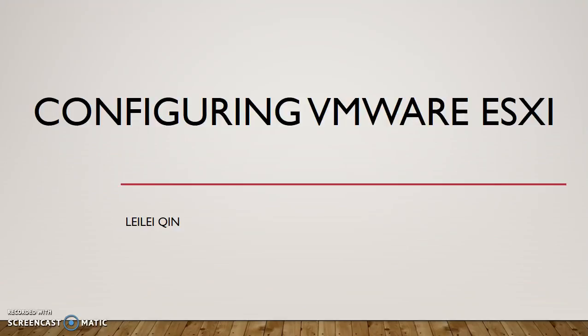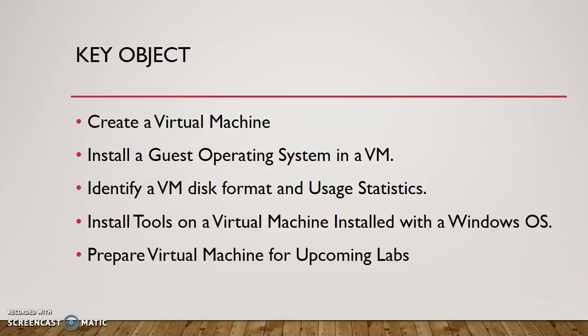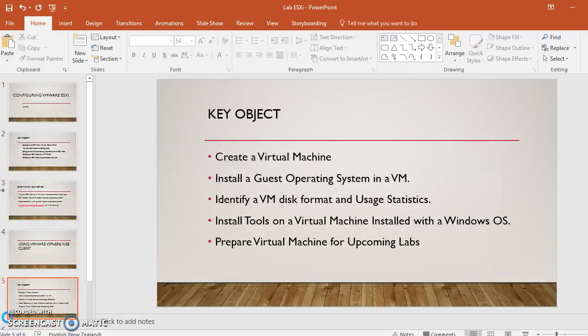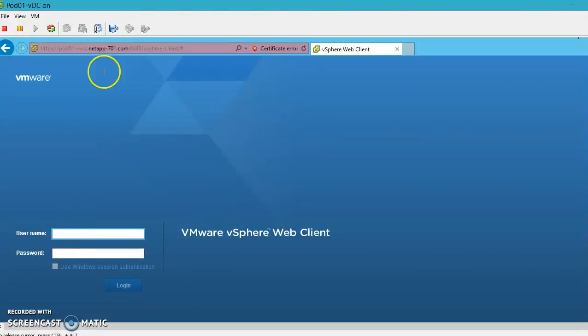Okay, let's perform the second lab, configuring using the VMware vSphere web client. This is the key object we would perform in this lab. Let's get it started. First, we log into the environment and we input the VMware Management Console page.